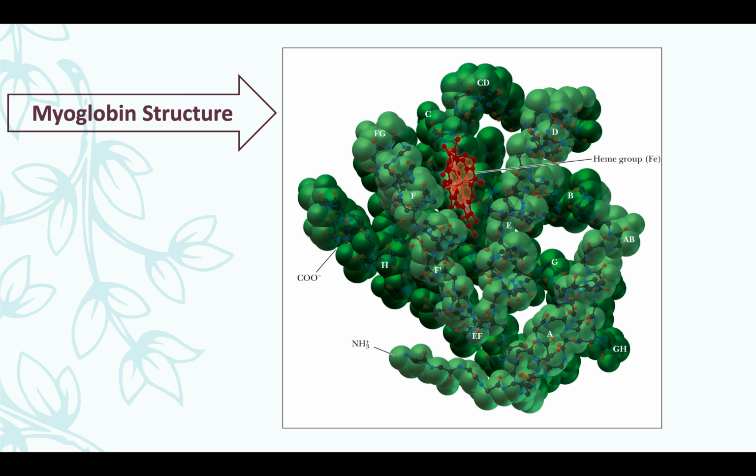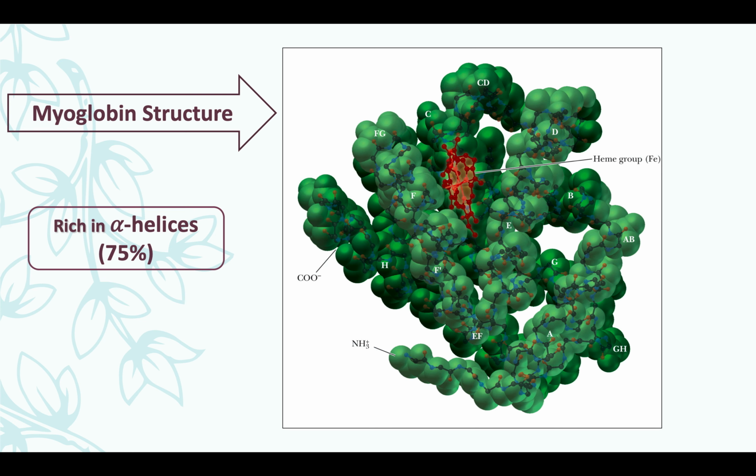Your myoglobin consists of 8 regions of alpha helices and no regions of beta pleated sheets. The polar side chains are on the surface, and the non-polar side chains are folded to the interior.